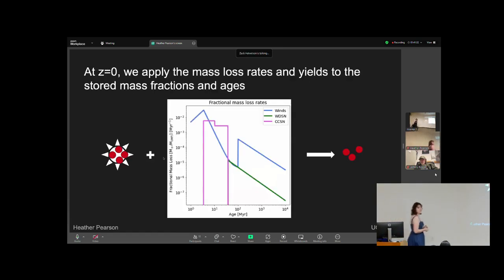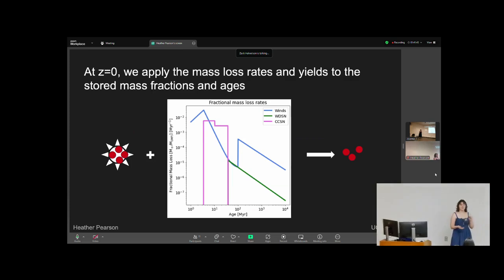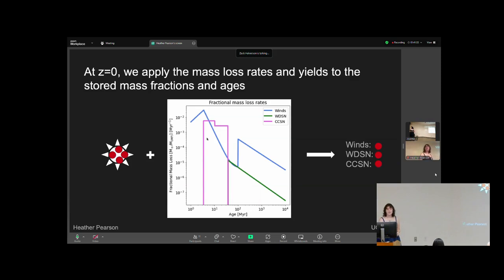So then once the simulation has run down to redshift 0, we can use that stored information and combine it with the fractional mass loss rates that I was just talking about and elemental yields to recover the mass fraction of metals in a star that would have been present given this fractional mass loss model. And this has a couple of benefits.